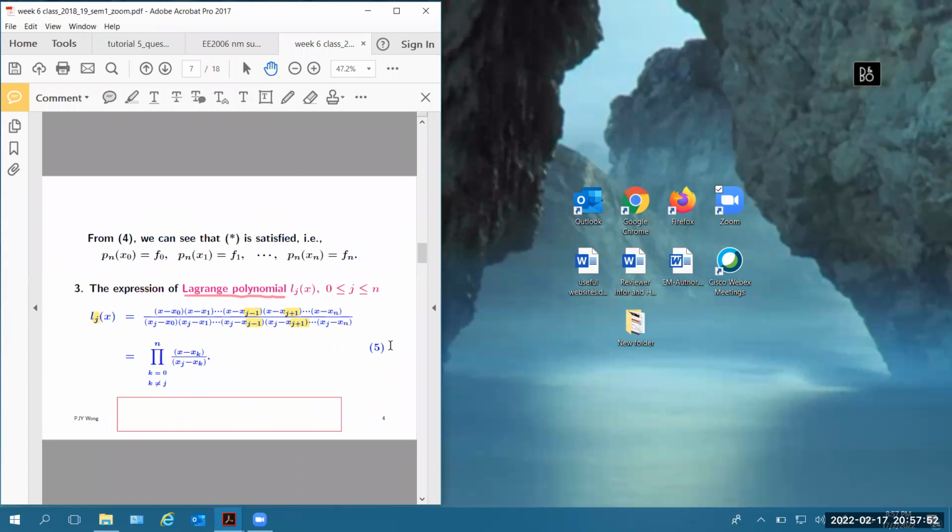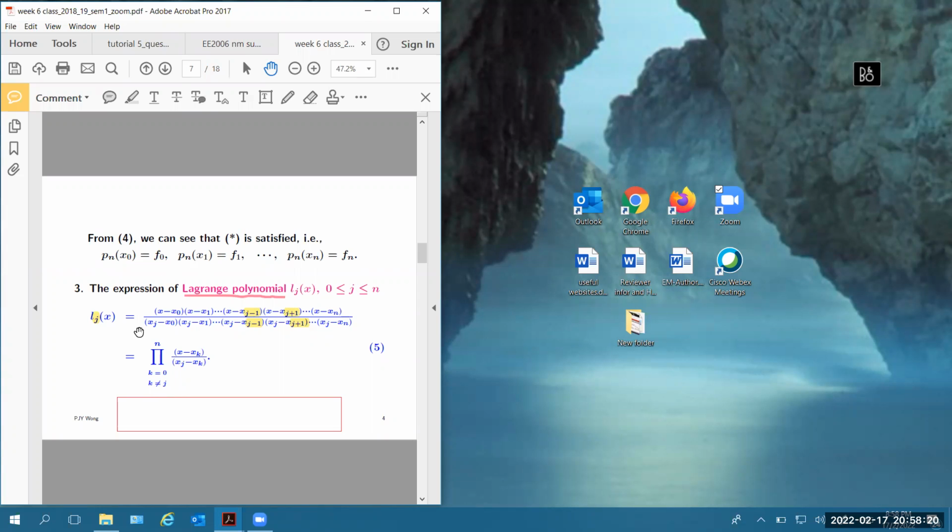Now, this expression is actually quite easy to remember, although it's in your exam appendix. Your Lj(x) numerator is x minus x0 until x minus x(j-1). Then you skip one term, the term x minus xj, and the next term is x minus x(j+1), all the way until x minus xn.